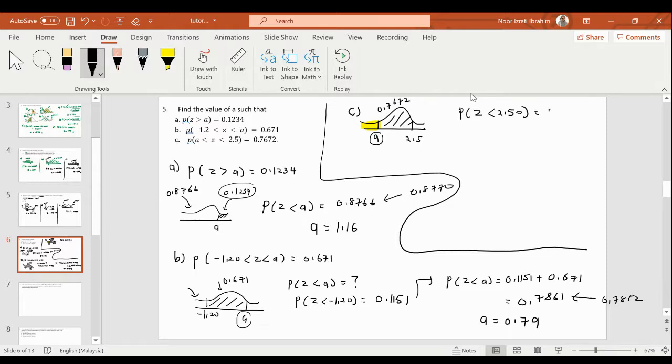From the table, it is 0.9938. So to find the probability when z less than a, it should be 0.9938 minus 0.7672. That will give us the yellow area, which is actually 0.2266. So from the table, exactly the probability 0.2266 is for a equal to negative 0.75.